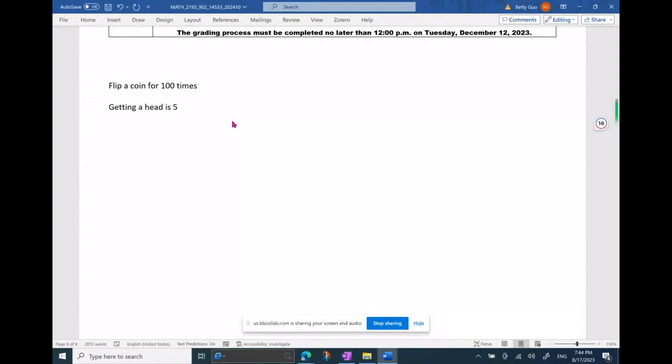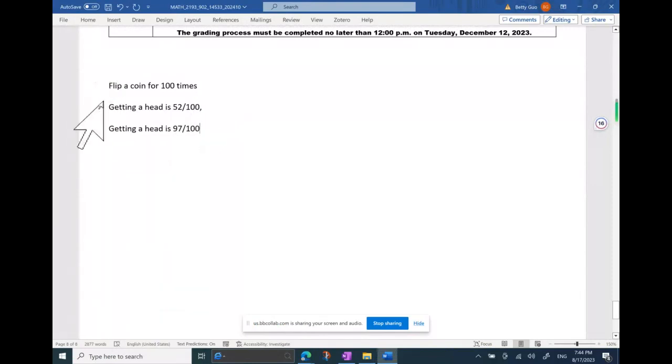52 over 100. So among 100 trials, we have 52 times getting head. And the second experiment, you toss the coin another 100 times, and the chance of getting head is 97 over 100.